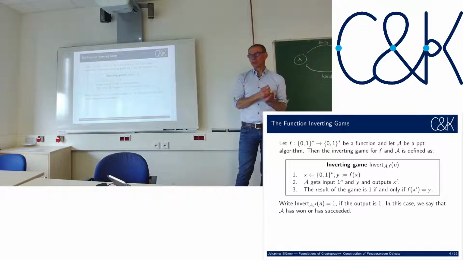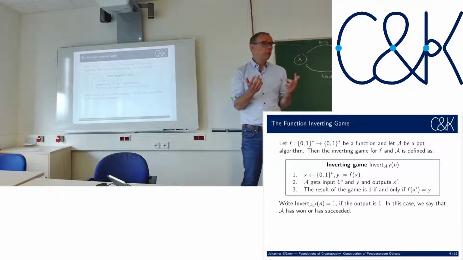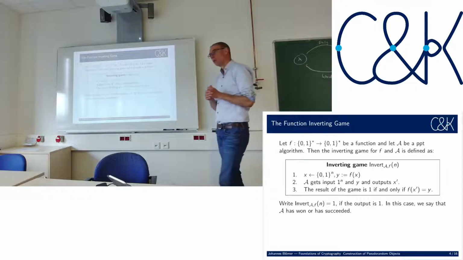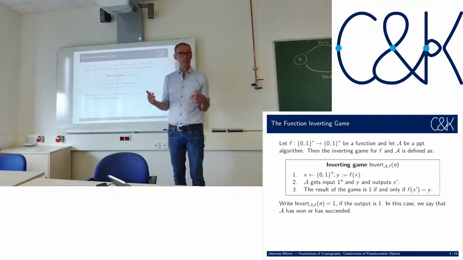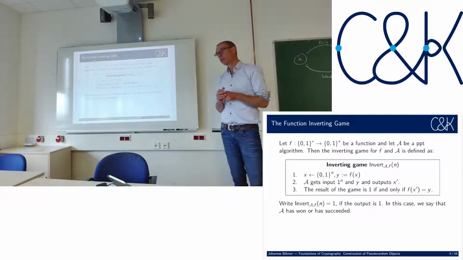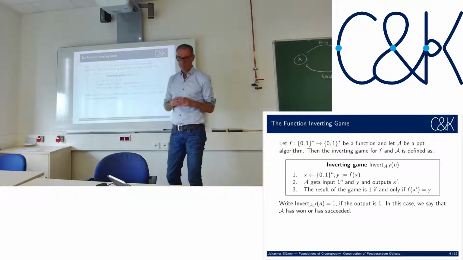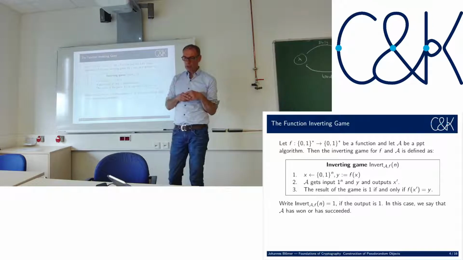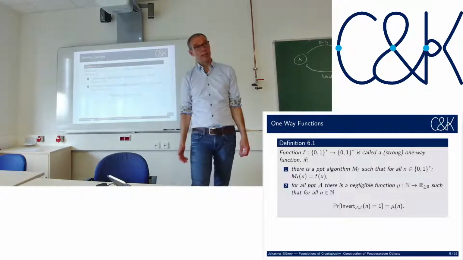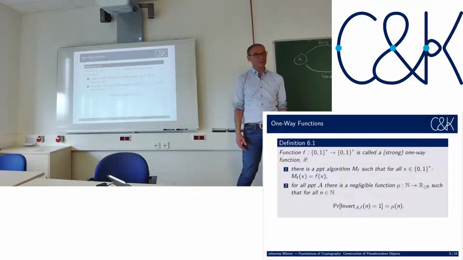That seems to be very strong, because there may be images for which it is very easy to construct pre-images. There may even be many such images. If you think about it, this seems like a very strong requirement, and that makes it maybe a little bit harder to believe that these things exist.